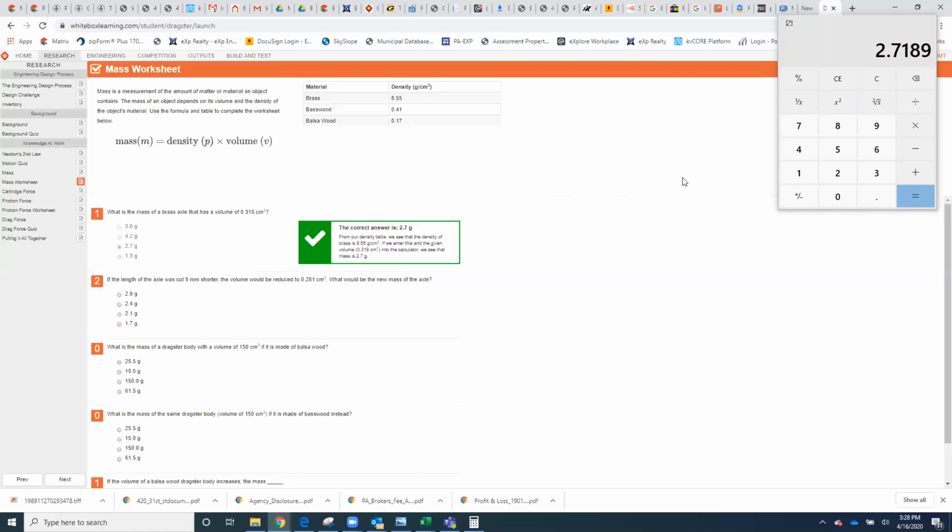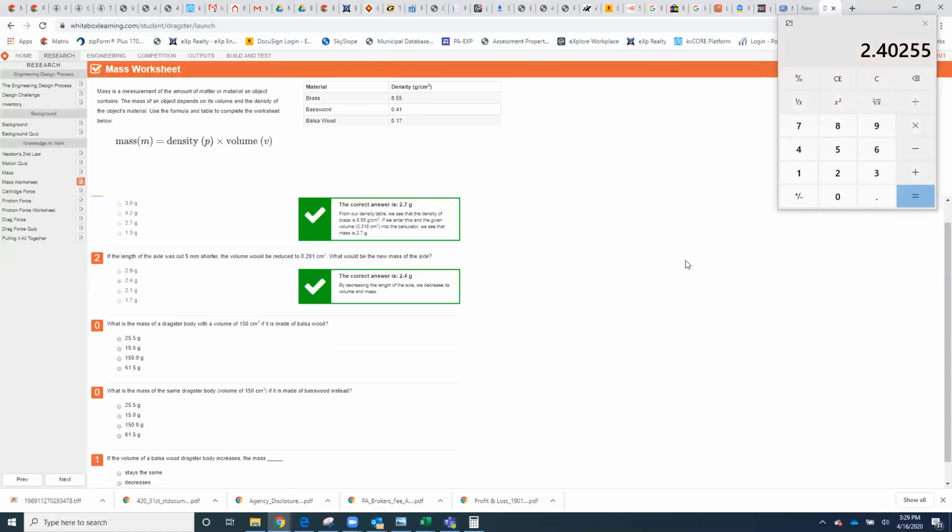So we'll do this again. We're going to clear our calculator here. 0.281, multiplied by the density of brass, 8.55. 2.425. We got an answer similar to that? Yes, we do. Correct answer, 2.4.